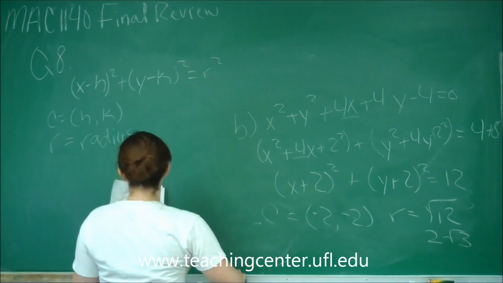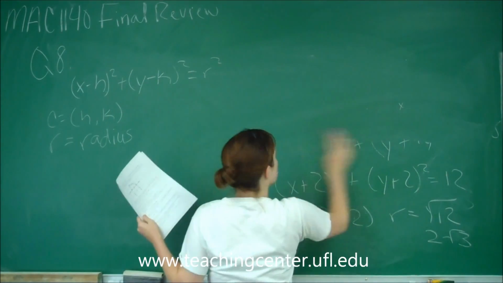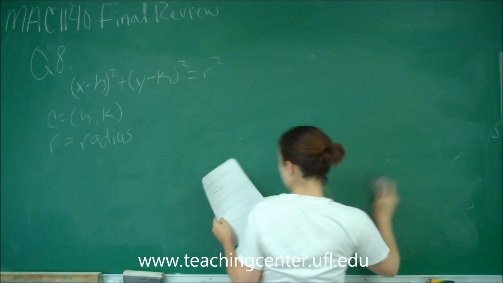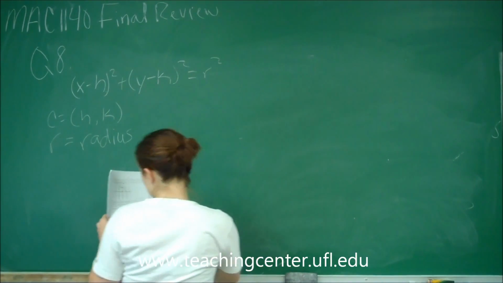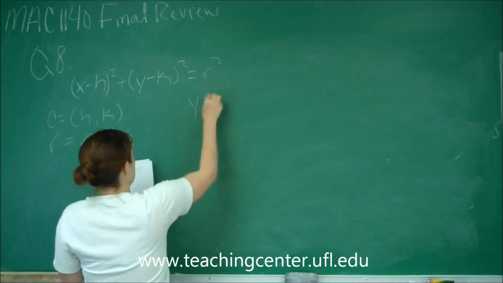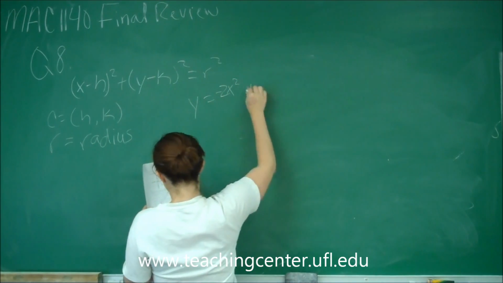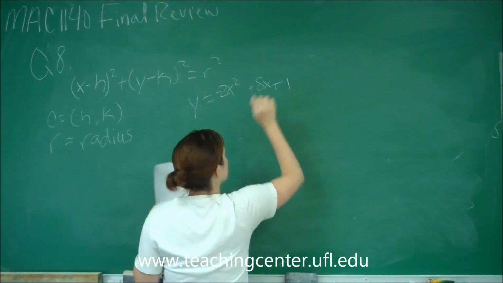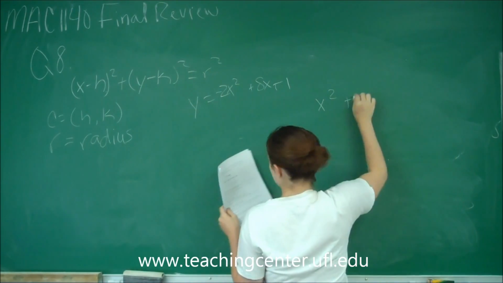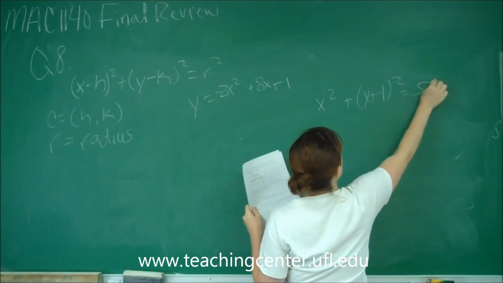Now in part C, it says find the distance between the vertex of y is equal to -2x squared plus 8x plus 1, so the vertex of that parabola, and the center of x squared plus (y plus 1) squared is equal to 50.